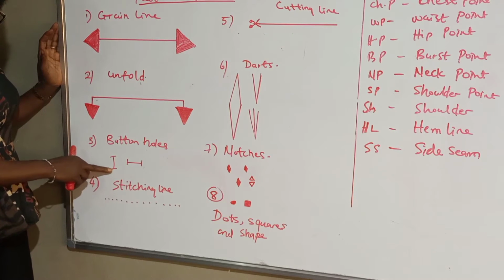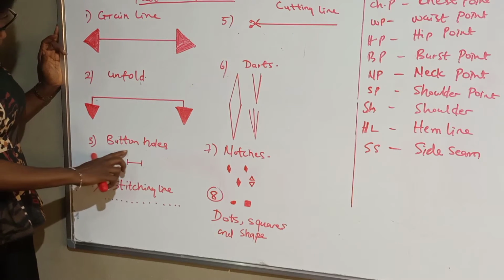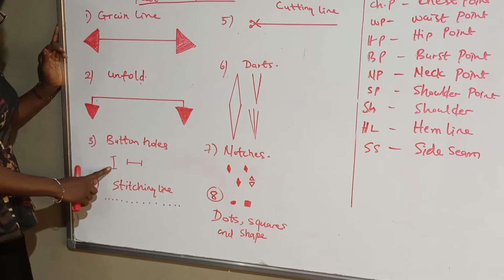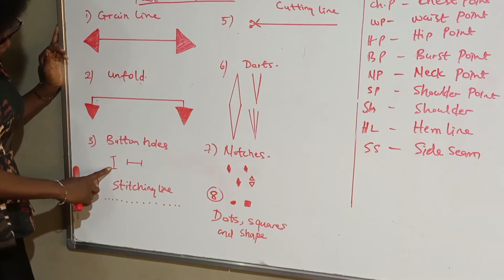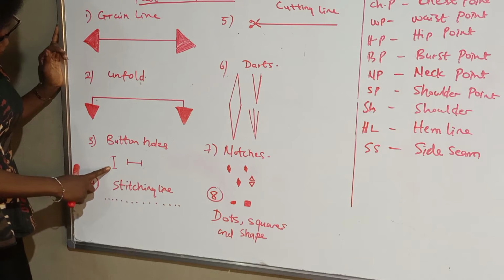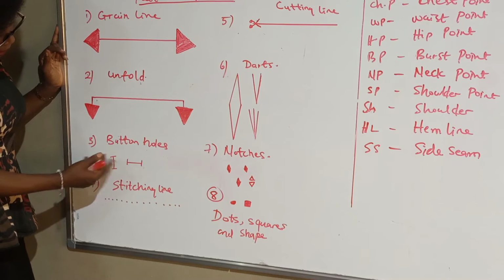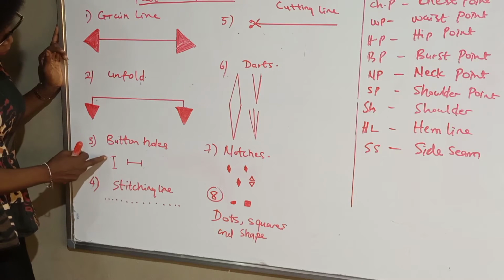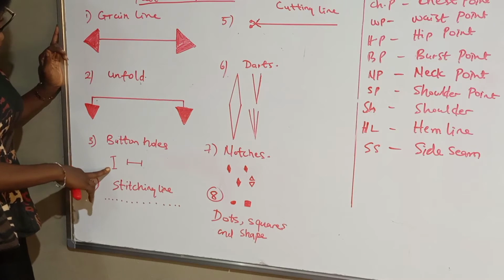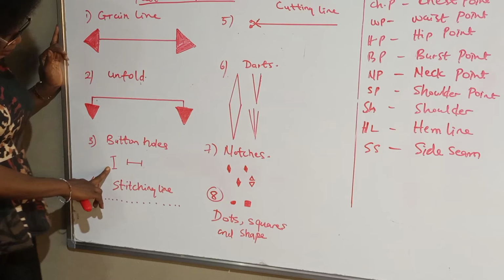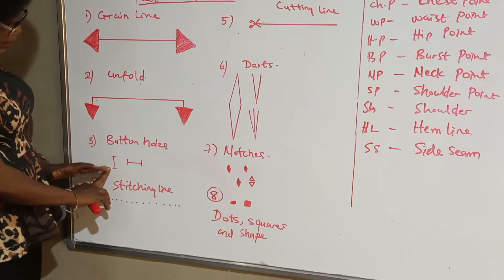This symbol or sign simply represents buttonholes. So when you see this sign on the pattern, it means at that particular spot there's going to be a buttonhole, or there's going to be a button there. It can be vertical, it can be horizontal, and it also tells the width of the button, the size of the button that should fit into a particular piece of the garment.